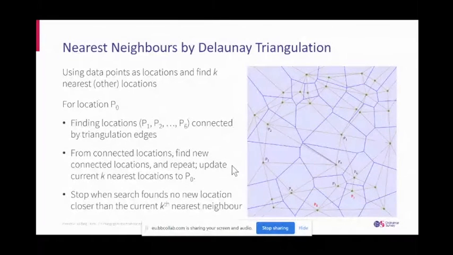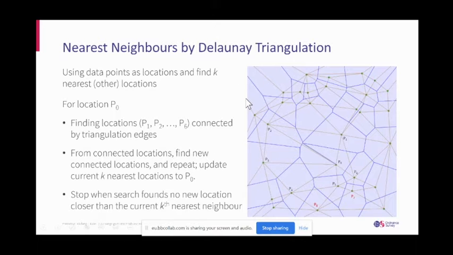There are many ways to find the nearest neighbors. As I mentioned earlier, you can use spatial indices like the R-tree. Here is a very brief introduction to doing it using the linear triangulation.